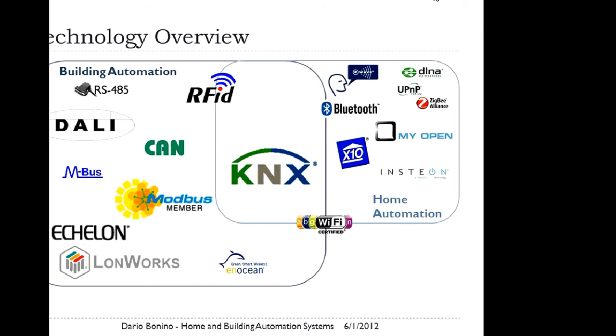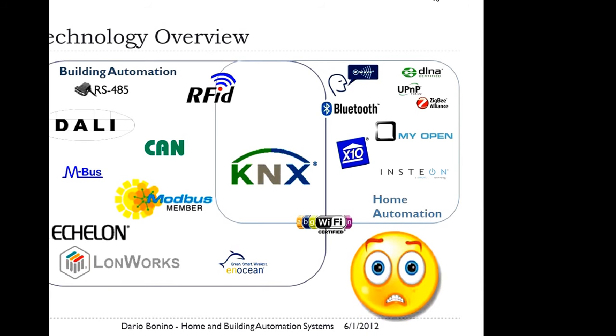So if we want to talk with them and to integrate them, we are really scared. Many different things, many different approaches. Almost all of them are independent and different. Almost all of them try to say, okay, we are compatible with the others, but the compatibility is given in the sense that the main technology is the master, the other technologies are the slaves, and the communication is just one way.